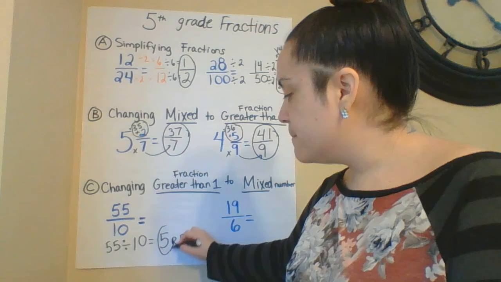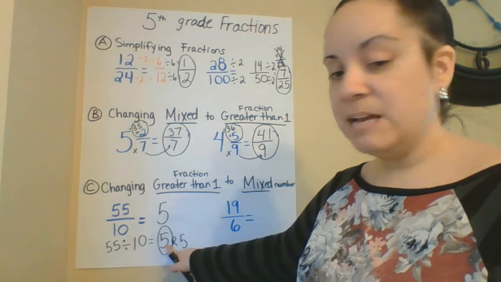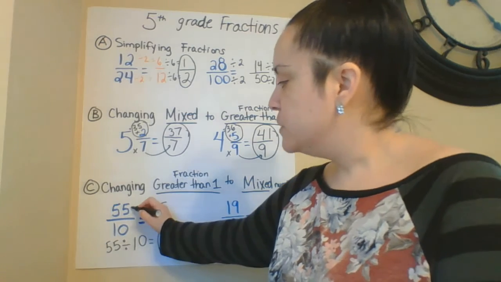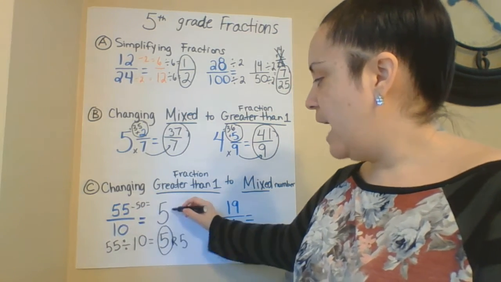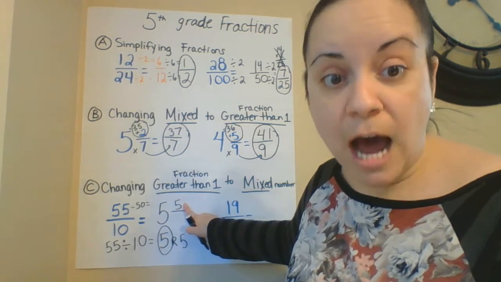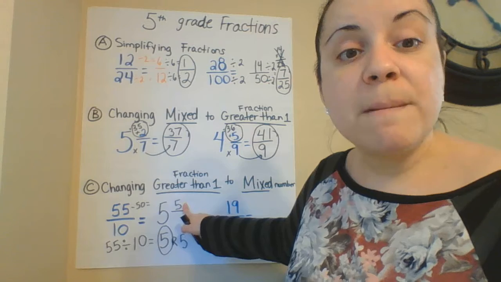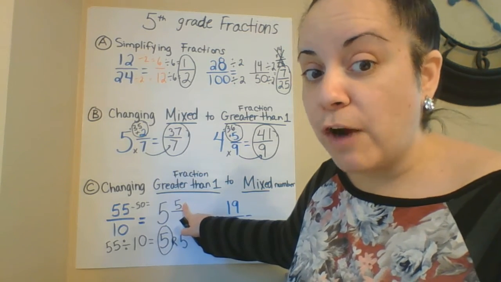My whole number is 5. I know that 5 times 10 is 50. So if I did 55 minus 50, then I would have my remainder of 5, which goes on the top of my fraction. Your remainder goes on the top of the new fraction.